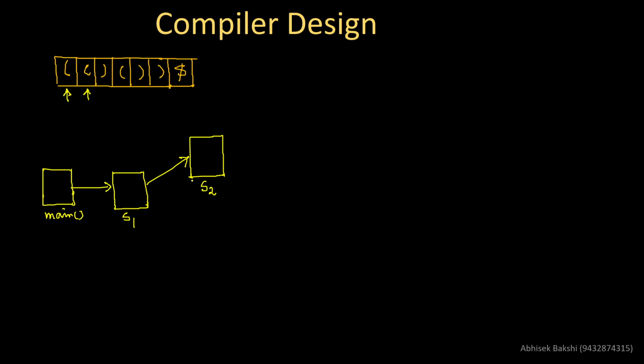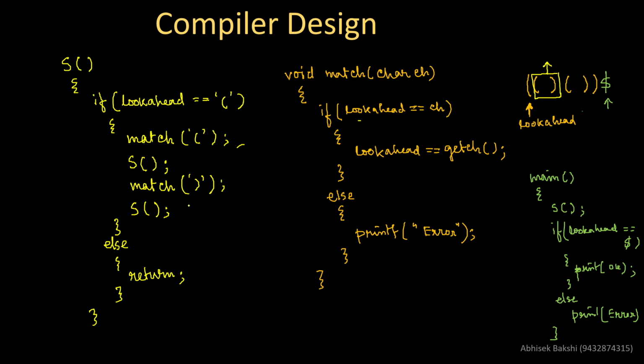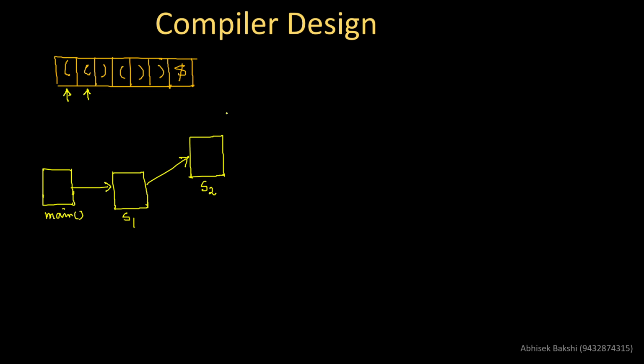So the S function of the second clone means the same behavior but a totally different function. So for the S function of the second clone, the code will again start from here. With respect to the second clone, it will again check whether lookup equals opening brace or not. Yes, lookup is equal to opening brace.